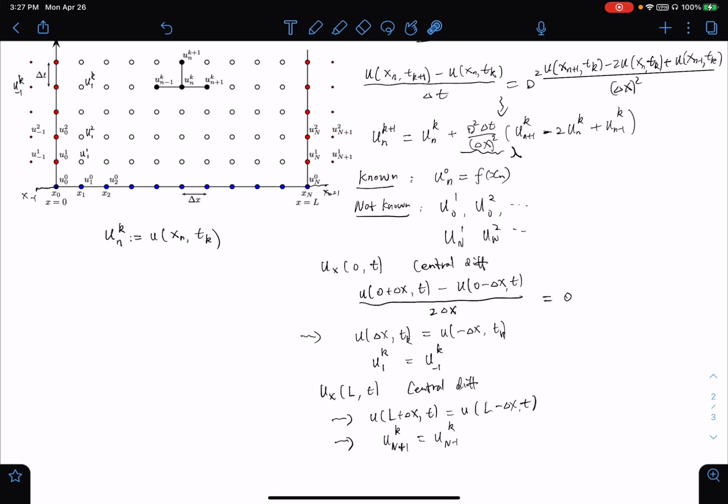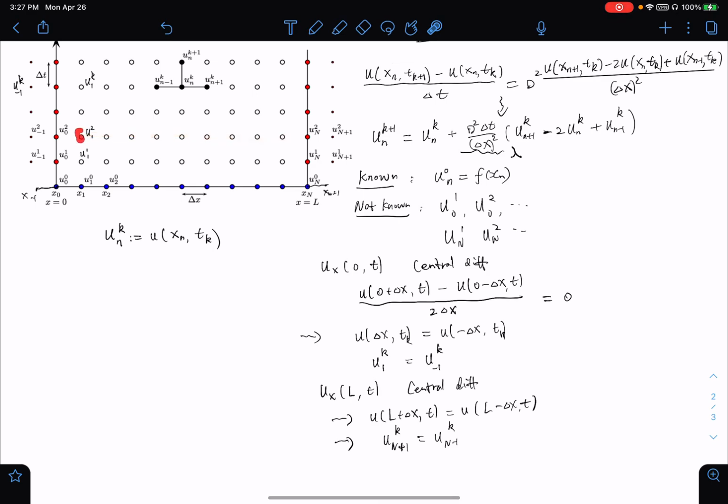Like at the left boundary point, we can generate this value directly from this value. And once we have these three values, we can use this recursion formula to get this value from these three values. And now we have just explained how we can generate all the values on the second row of the grid points. And we can do it again, right? We can generate all the values in between using the recursion formula.